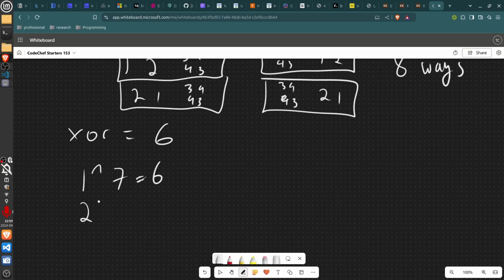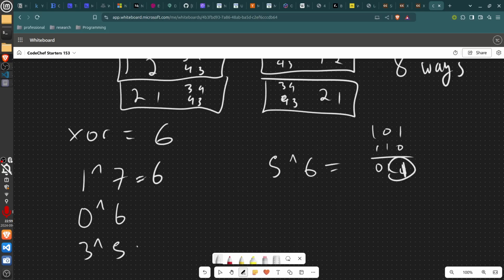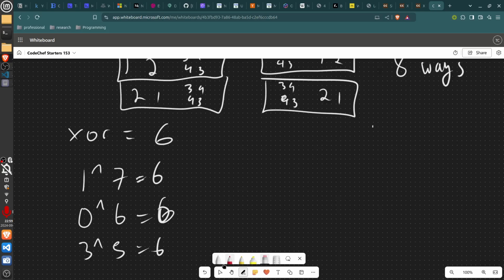Well, this one's easy: 0 XOR 6. What about 5? What would 5 XOR to equal 6? That's 3. So 3 XOR 5 equals 6. So there are a few ways to get the XOR to 6.